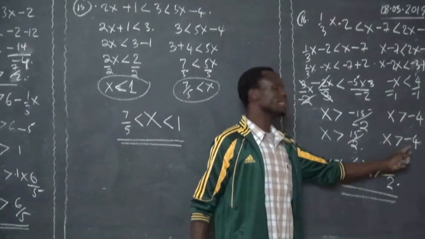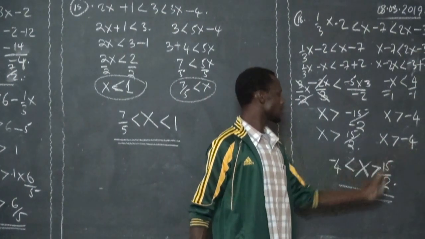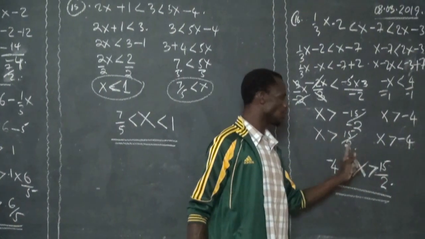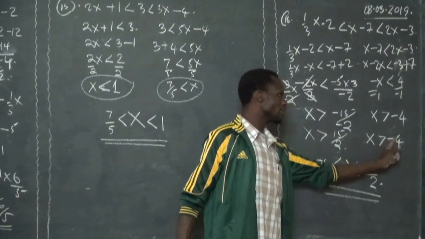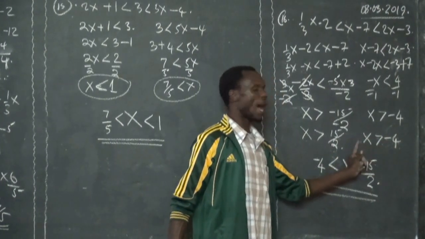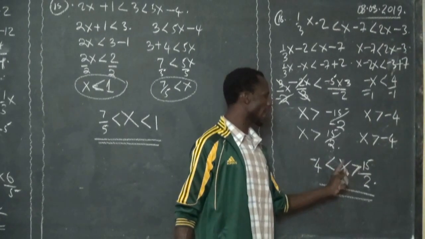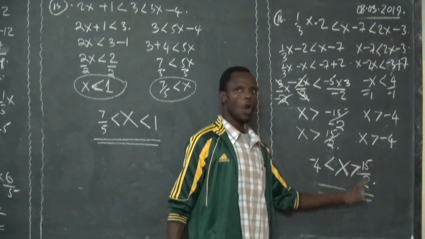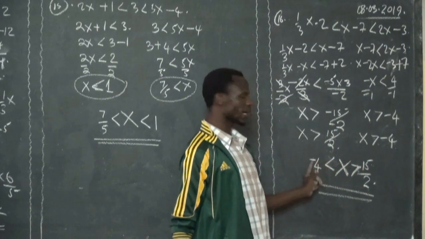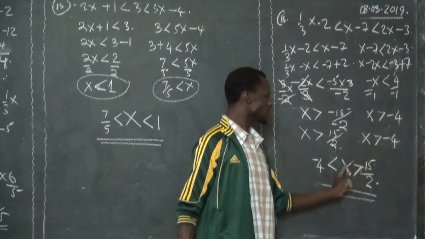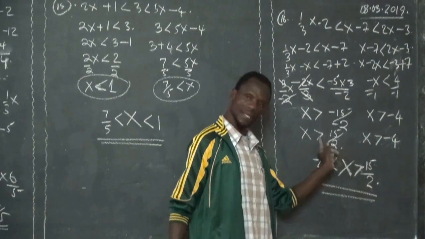Means x is greater than 15 over 2. But negative 4 is less than x, and therefore we collect them. Negative 4 is less than x, and x is greater than 15 over 2. Or in other words, x is greater than negative 4, here it is, and x is greater than 15 over 2, here it is.